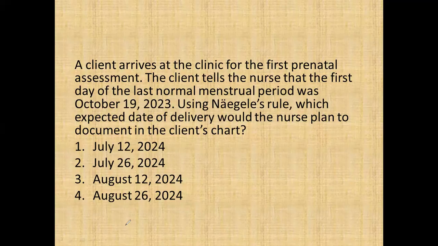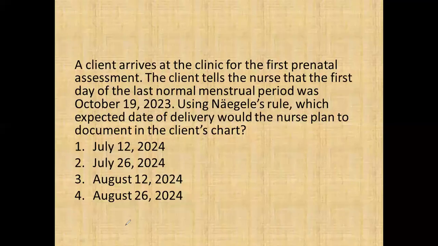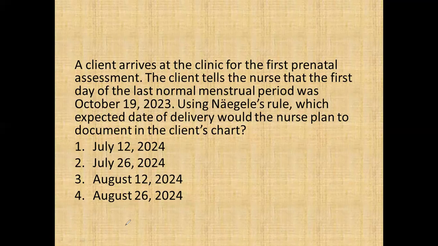Because if they don't give you, it means that they want you to think. And how do you know exactly when the person had it? Unless they tell you, for instance, that today's date is the 8th, and the person says her last menses was 4 months ago.